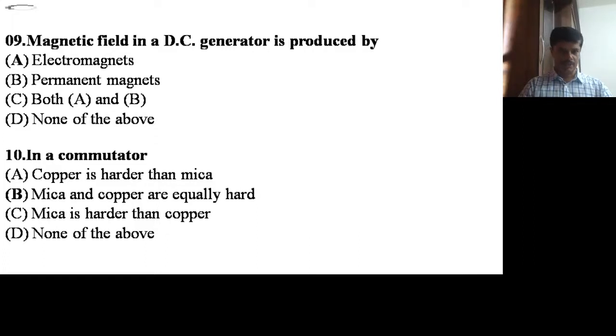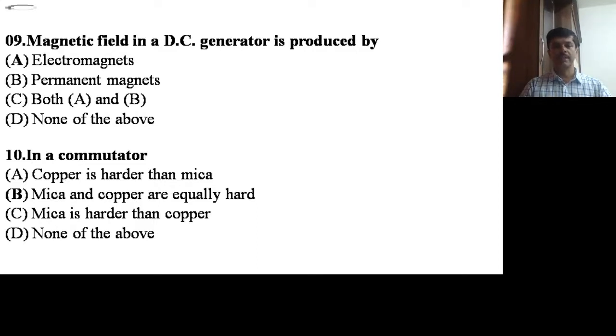So therefore, the magnetic field in a DC generator can be produced using electromagnets. So by using electromagnets, we can change the magnitude of the flux according to the requirements. So the answer will be electromagnets.